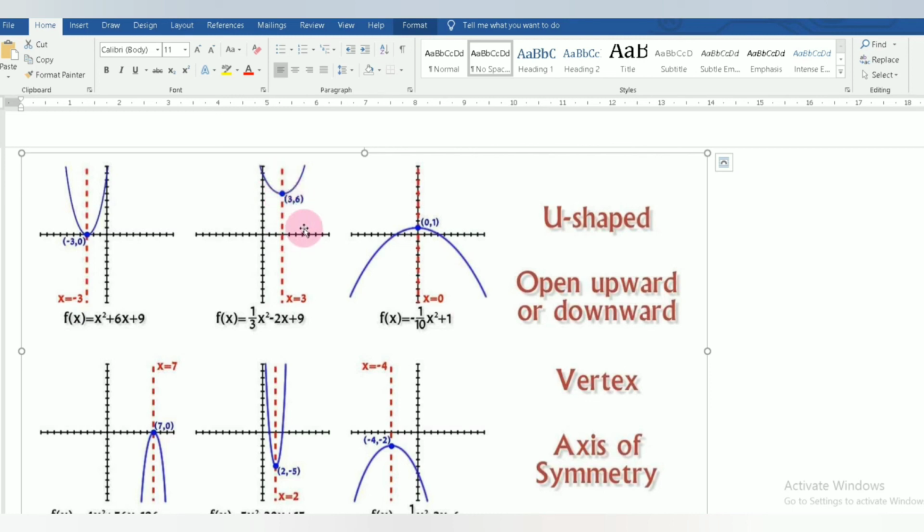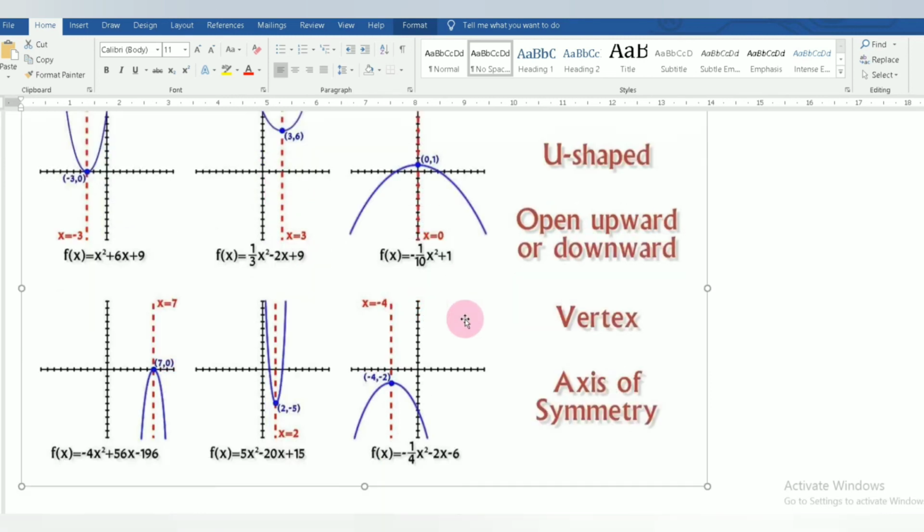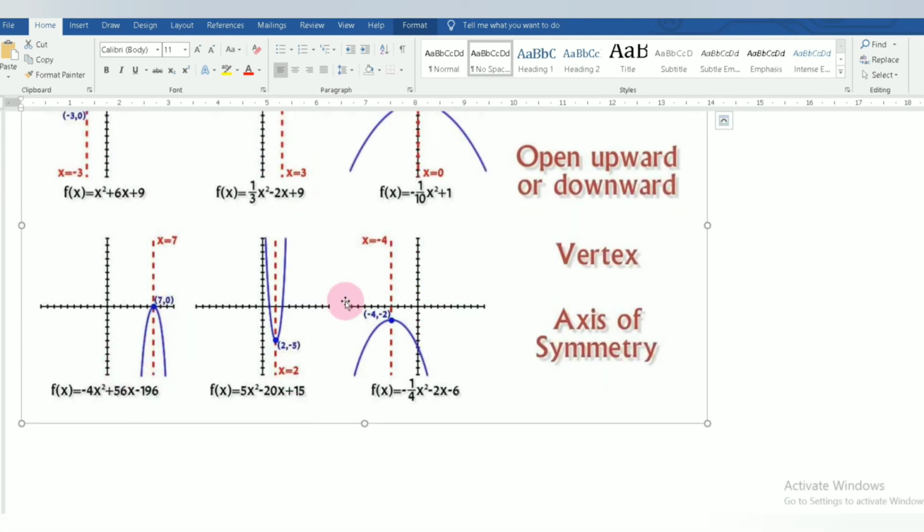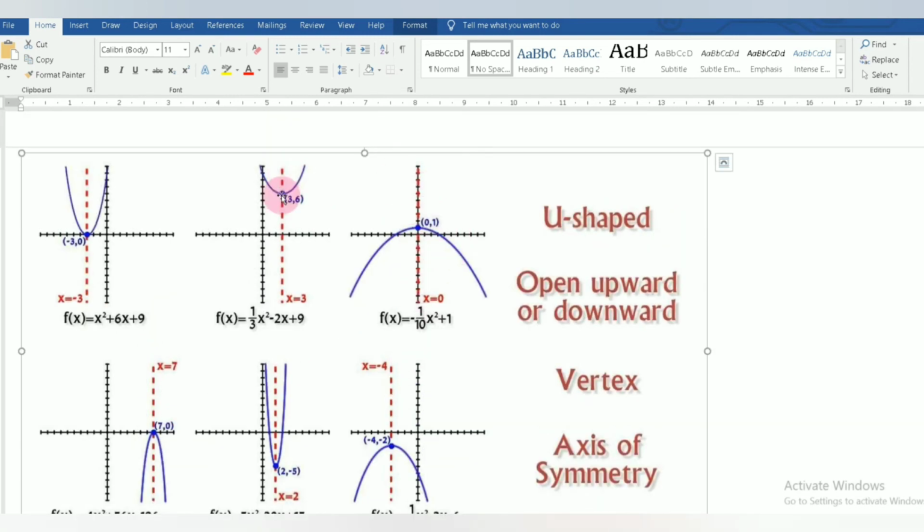So for this one it is x equals 3, this one is x equals 0, and so on. So if you are asked about the equation of the line of symmetry, we are just referring to these vertical lines passing through the vertex.